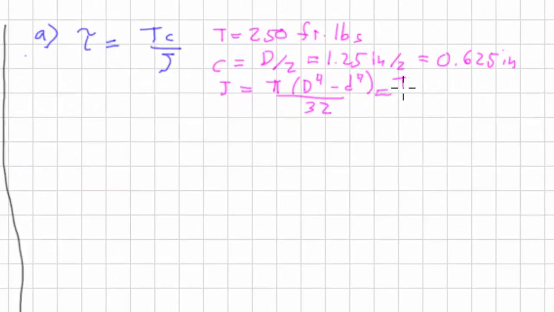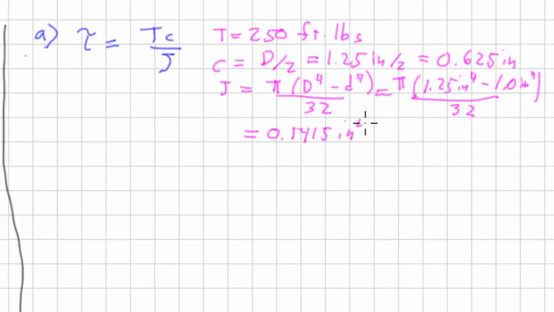So this is pi times 1.25 inches to the fourth minus 1.0 inches to the fourth, all over 32. And when that is all plugged into the calculator, we get 0.1415 inches to the fourth.